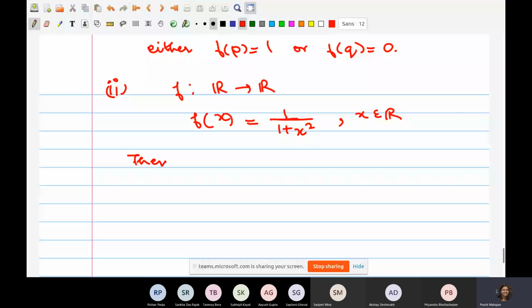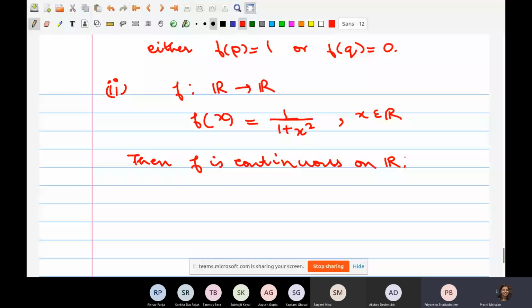Is f bounded here? Is f bounded? No, ma'am. So why is f not bounded in this example?